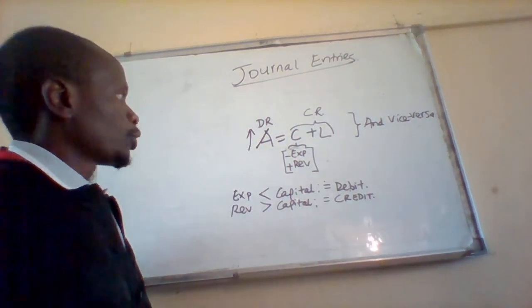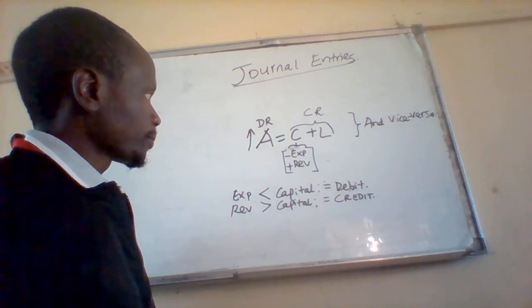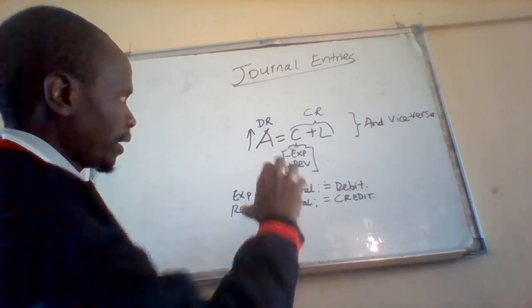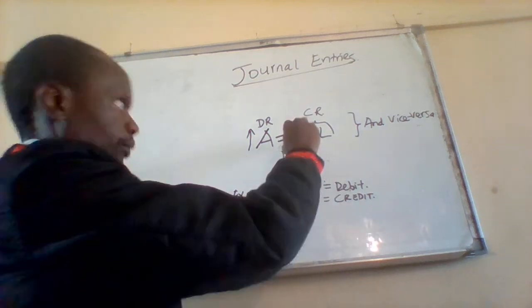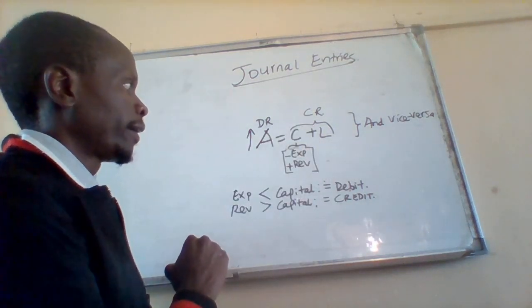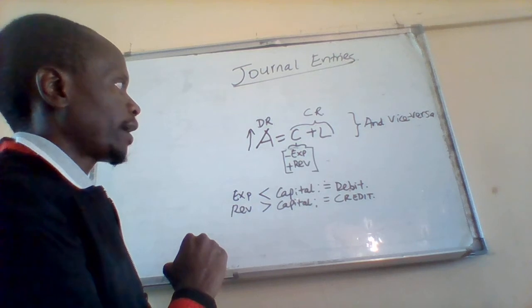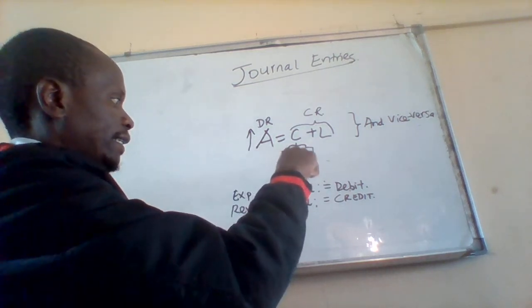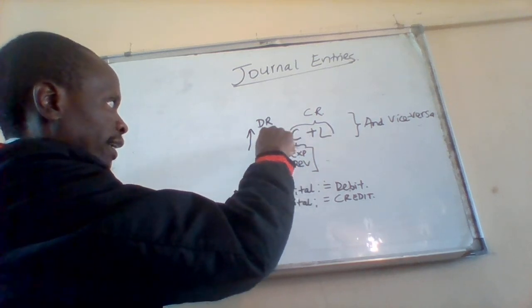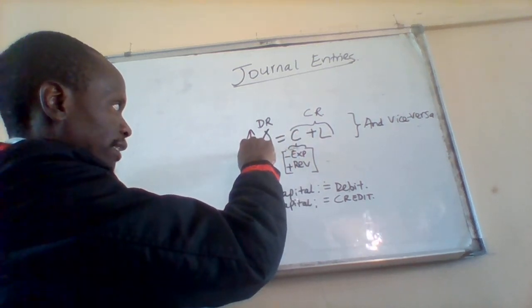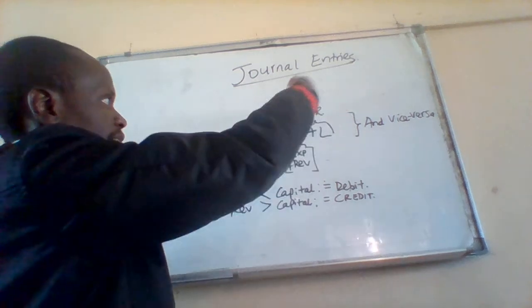So what we are learning today is that we handle expenses and revenue with regard to how they affect capital. If expenses decrease capital, then we don't apply this matrix, but it's reversed.